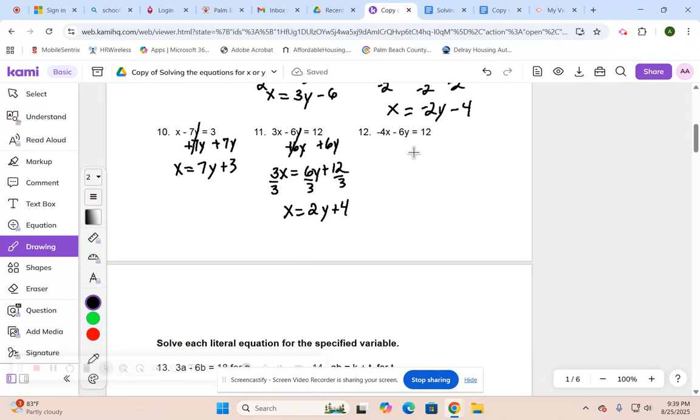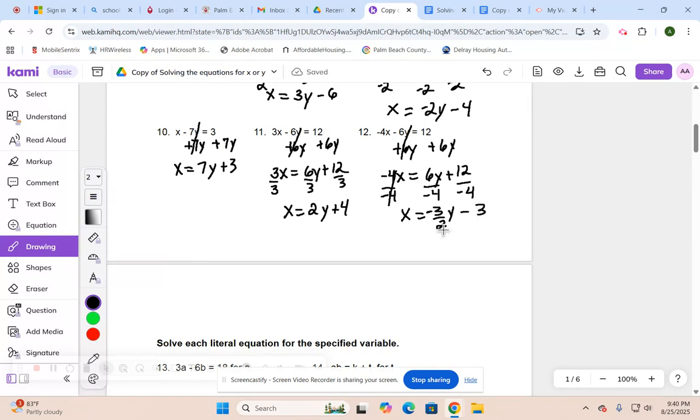We'll keep going to number 12. Add 6y to both sides. Negative 4x equals 6y plus 12. Divide through by negative 4. We'll have x equals negative 3/2 y, minus 3.